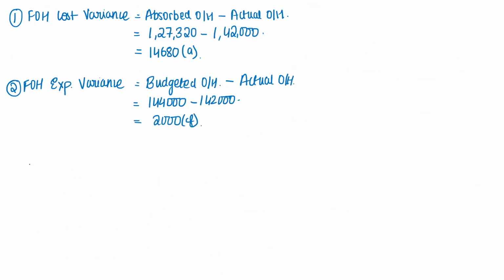Okay. Third, fixed overhead volume variance. What do we mean by volume variance? Volume variance means because of the change in the volume, what is the difference in the amount? What volume did you change?